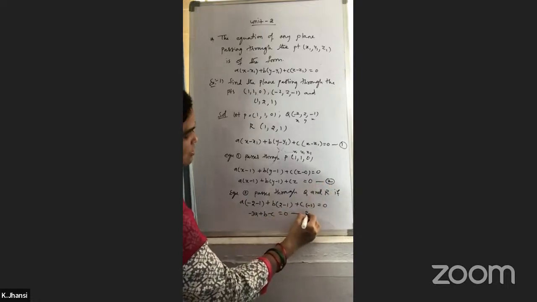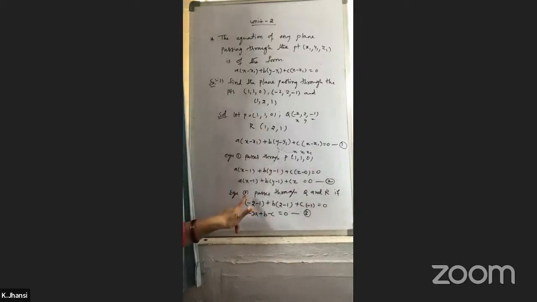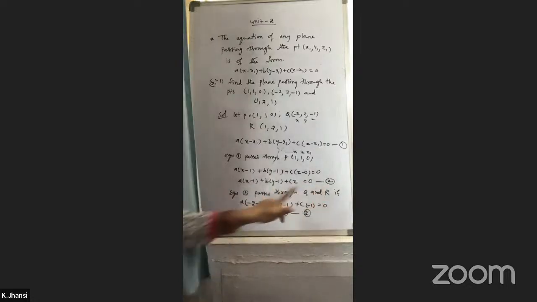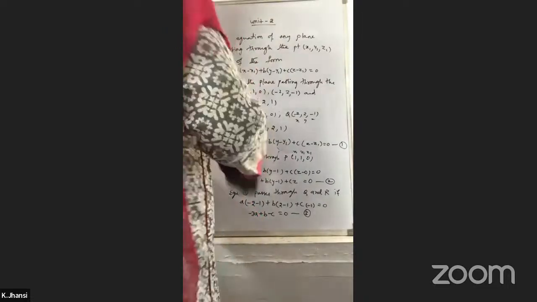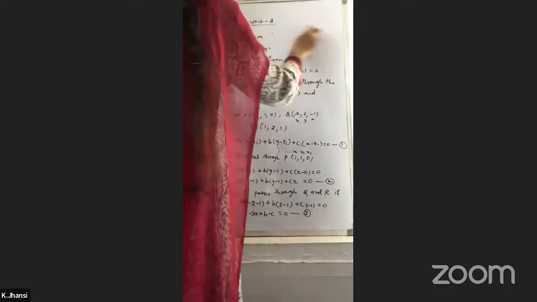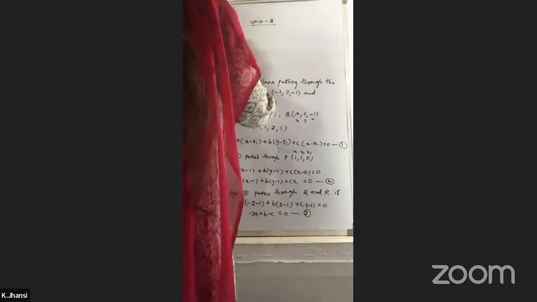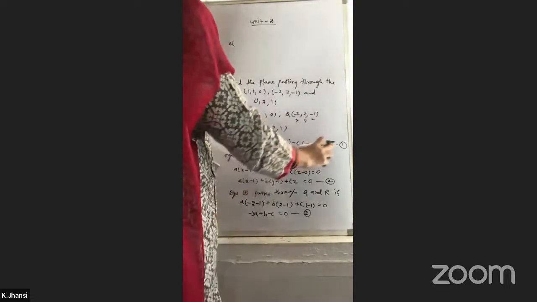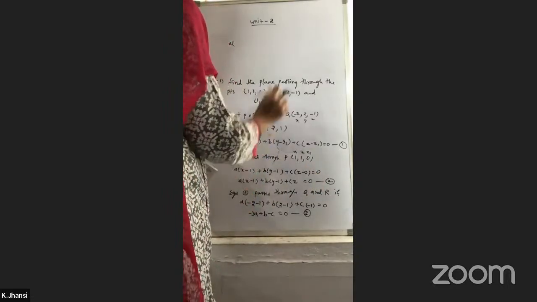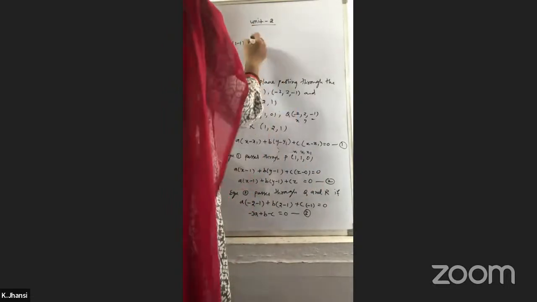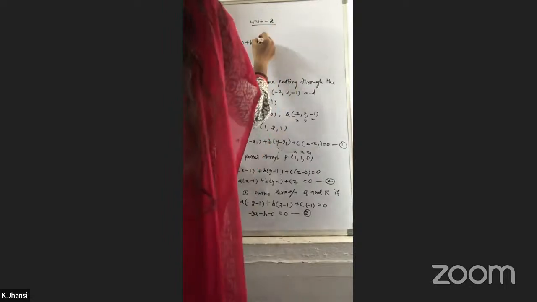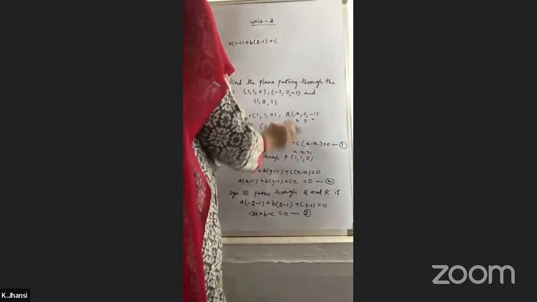This is the third equation. We have written that equation 2 passes through Q and R. This is for Q. Next you have to do it for R. So for R, in the second equation only, a(1 - 1) + b(2 - 1) + c(1), since the z value is 1.